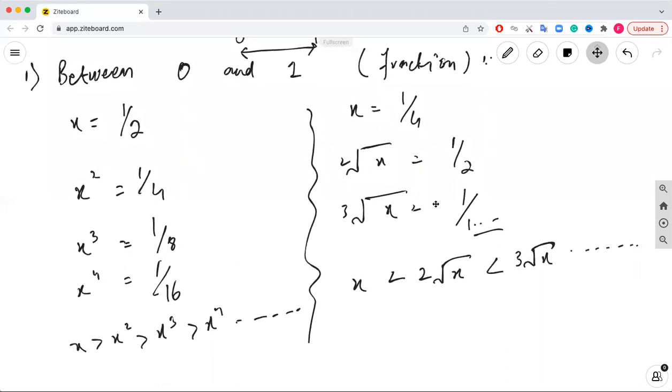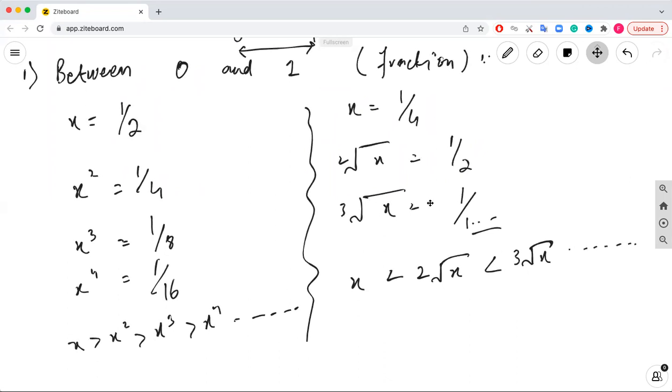If you consider, for the left side, x to the power -2 instead of x square, then the value will be increased. Listen, I'm just considering the positive powers now, not negative. For negative numbers we can't take even roots, but we can take odd roots.